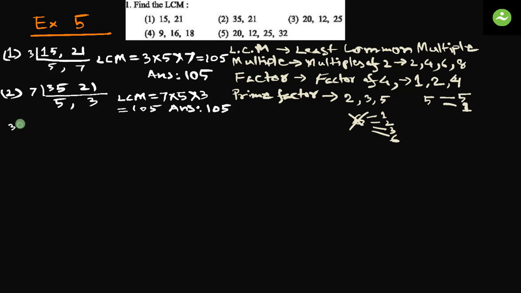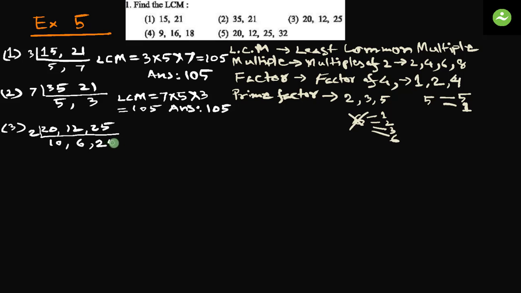Number 3, 20, 12, 25. What divides all? Remember, the number we select has to divide at least 2 of the numbers. At least 2. So I think 2 divides 20 and 12. So let us divide by 2. 10 into 2, 6 into 2, and 25 is not divisible, so we bring it down.